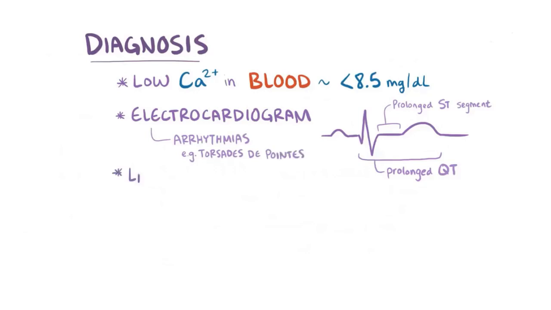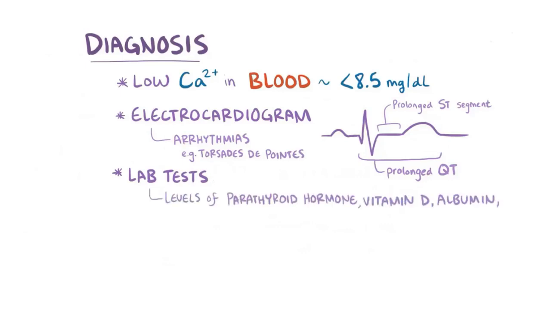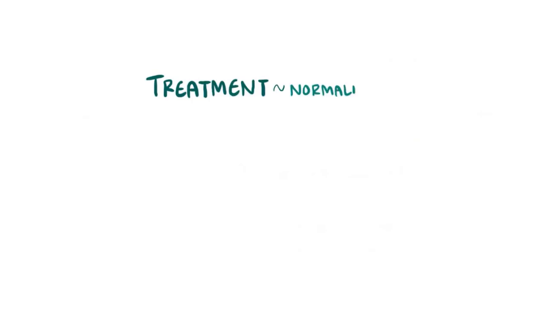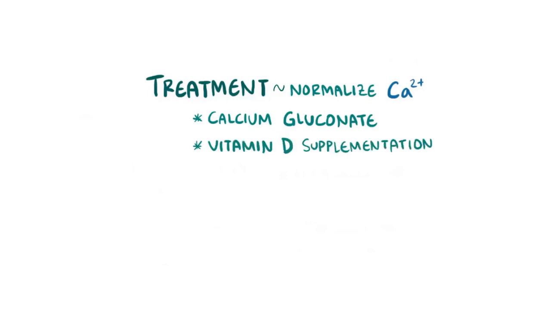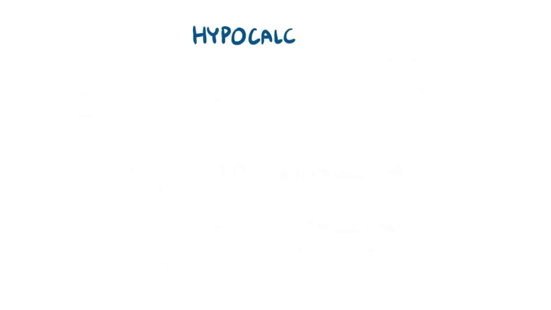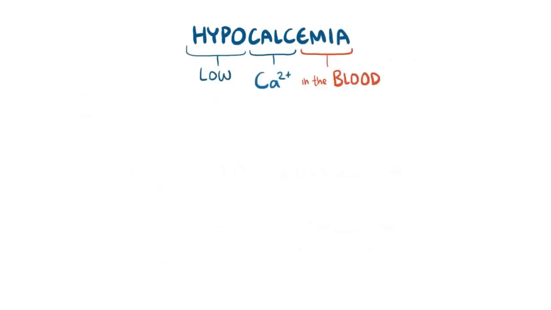To identify the cause, lab tests are typically done, which includes tests for parathyroid hormone, vitamin D, albumin, phosphorus, and magnesium. In hypocalcemia, the main goal is to normalize calcium levels using formulations like calcium gluconate, and if appropriate, vitamin D supplementation.